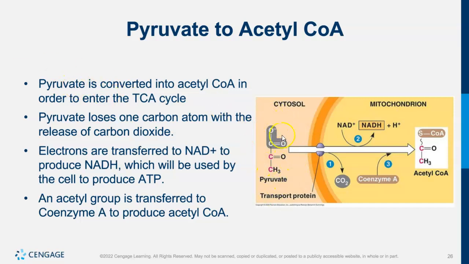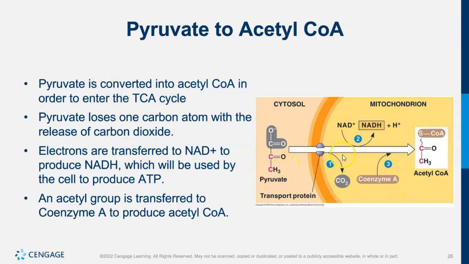So here we are in the cytoplasm with our pyruvate, and now we're going to move into the mitochondria. When we do that, we lose some CO2, carbon dioxide, and the remaining molecule picks up a coenzyme A, and this is the result, acetyl-CoA. Acetyl-CoA is important because this is what we can use in the TCA cycle.